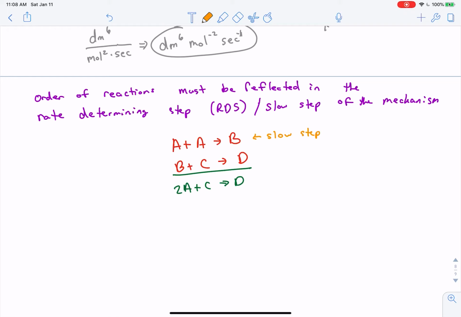So if I look at this and I say that's my slow step, my rate law should be rate equal to K times A squared, if that's my slow step. That has to match.